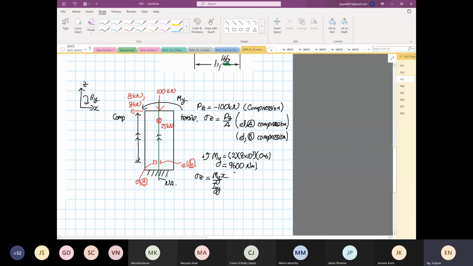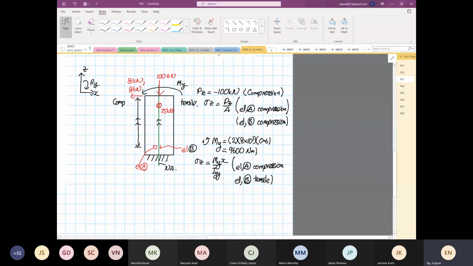So element A is going to be compression, and element B is going to be tension.